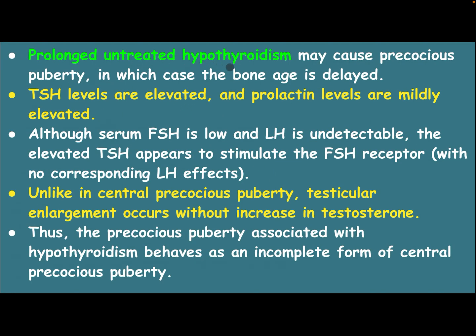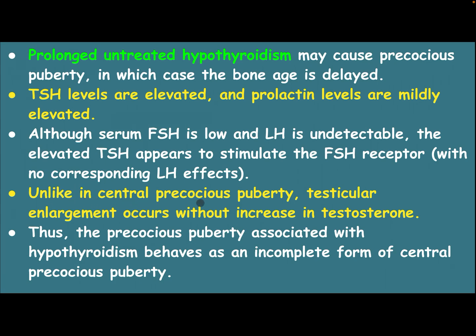Prolonged untreated hypothyroidism may cause precocious puberty, in which case the bone age is delayed. TSH levels are elevated and prolactin levels are mildly elevated. Although serum FSH is low and LH is undetectable, the elevated TSH appears to stimulate the FSH receptor, with no corresponding LH effect.